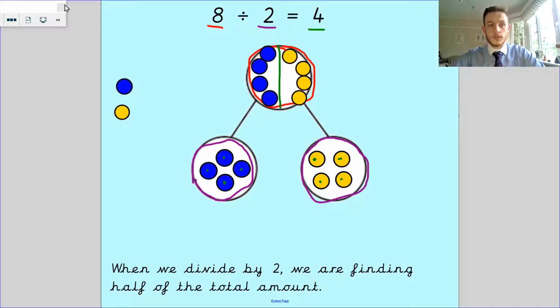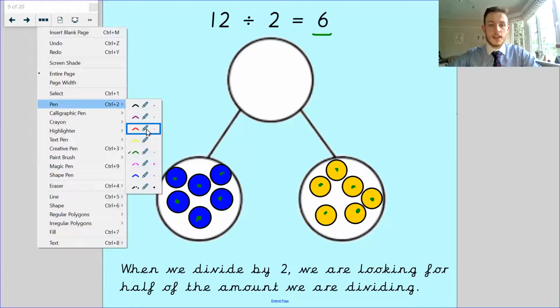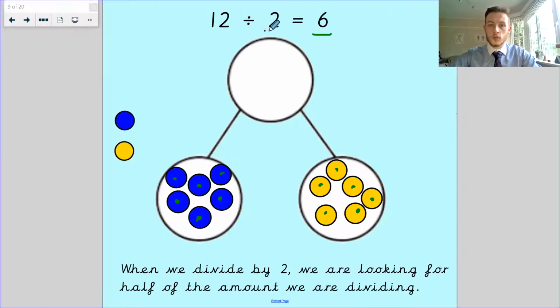Okay, so let's go on to another example of that. If I've got 12, I've got 6 in each group. So I've got 1, 2, 3, 4, 5, 6, and 1, 2, 3, 4, 5, 6. I've got 6 in each of those groups. I've then got 2 groups that I've split them into.